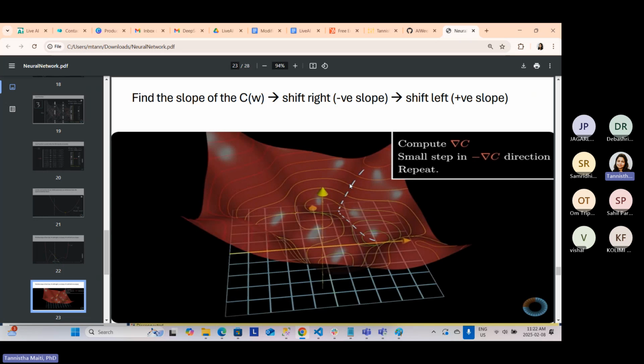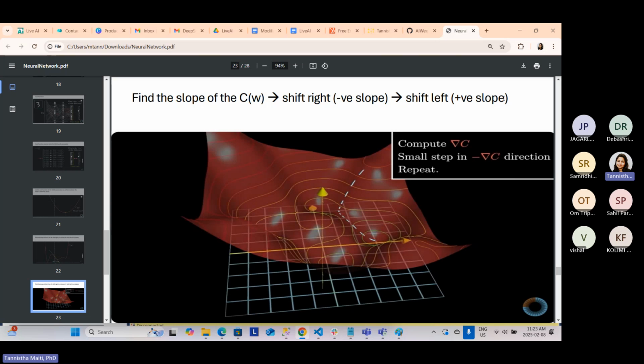This is exactly what happens when I'm training a model: your parameters follow a path like this with small steps at a time in some direction, but always trying to find the minima value. If it's shifting left, it's a negative slope.